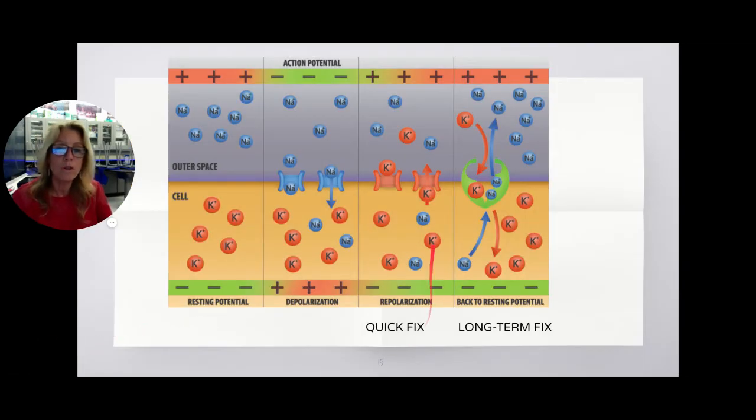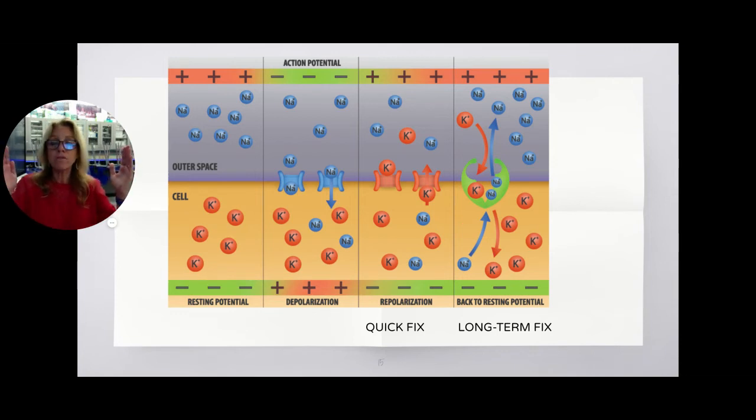The short term or the quick fix is that the potassium gates open and potassium goes out and takes sodium's place, counteracting the reversal, restoring it so it's positive again on the outside. The long-term fix is the sodium-potassium pump, putting sodium in its correct spot outside and potassium on the inside.